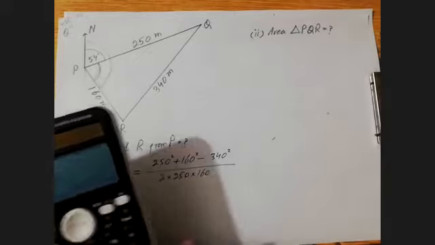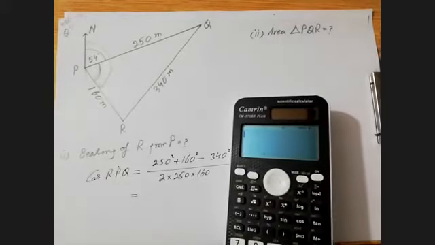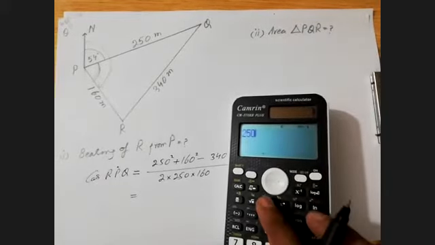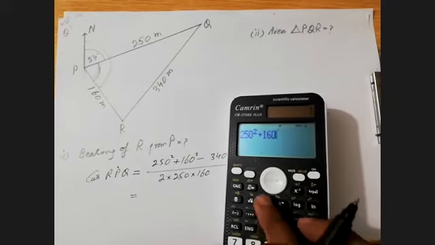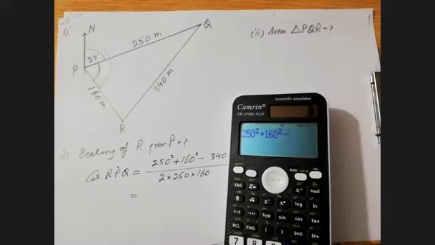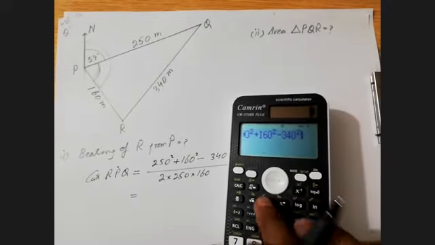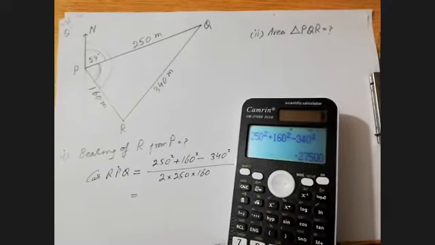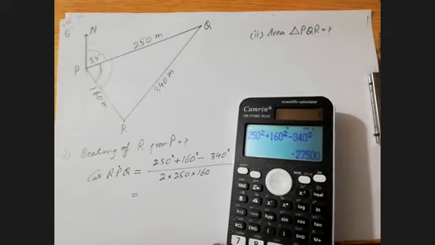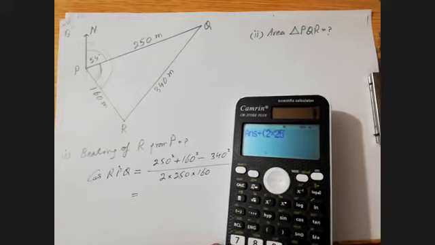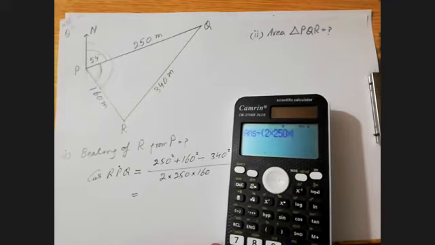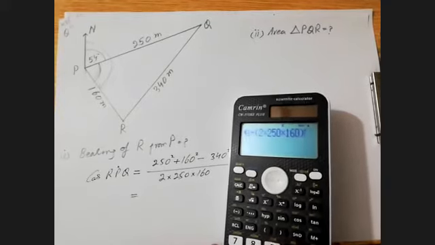You can calculate it very efficiently. 250 square plus 160 square minus 340 square, I got this, and then this is divided by 2 into 250 into 160.